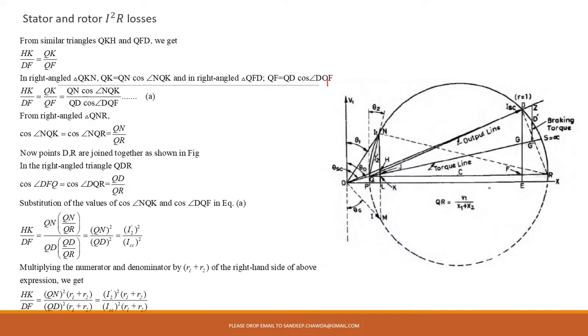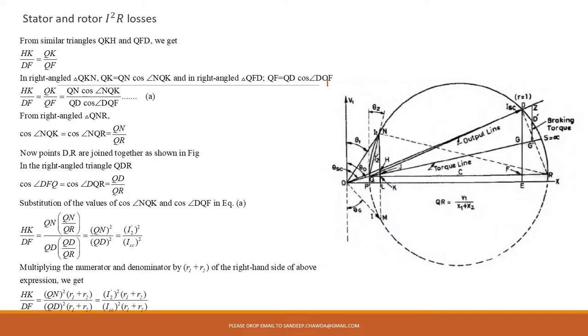Similarly, now we can join the point D and R. We can join this D and R, so we will get another triangle, QDR. From here we are going to determine the value of cos angle DQF, not DFQ, DQF.